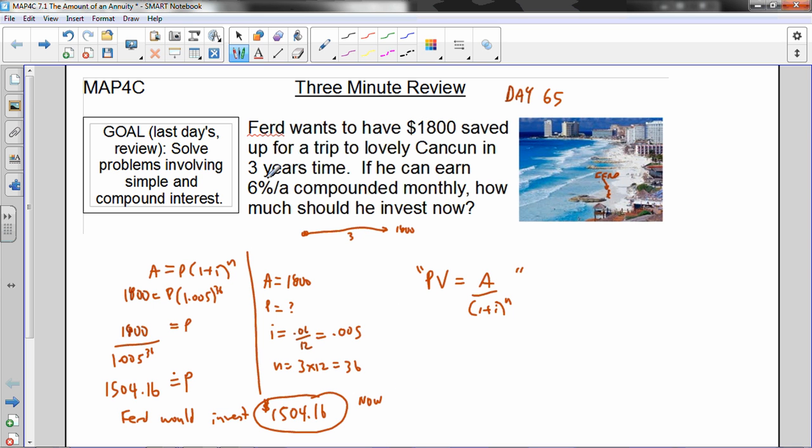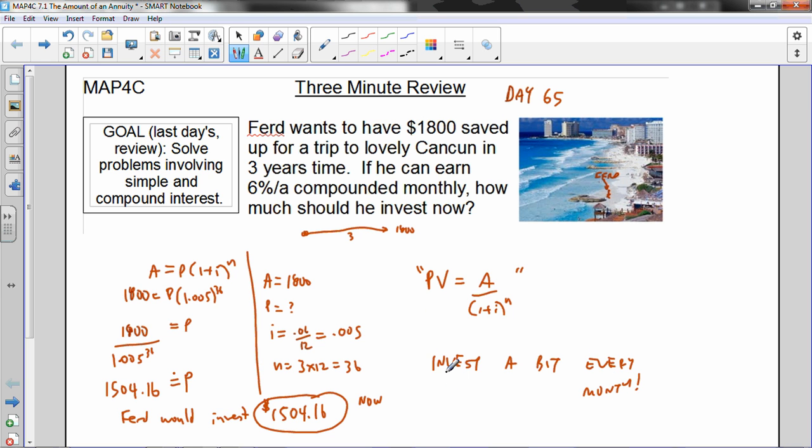What might make sense is for him to invest a little bit every month, right? That's how we save. You know, in 36 months, maybe he'd have to put away $50 a month or something like that in order to have the $1,800 saved up.